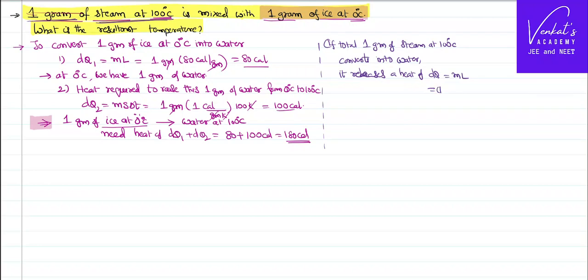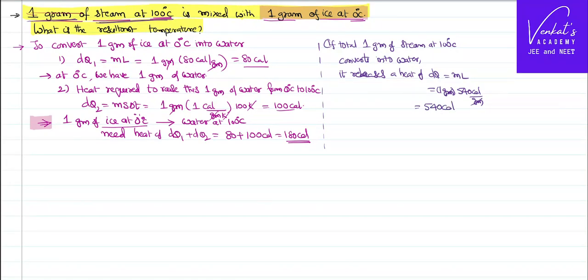Mass is 1 gram of steam, latent heat is 540 calorie per gram, latent heat of steam to water. So that is 540 calories.